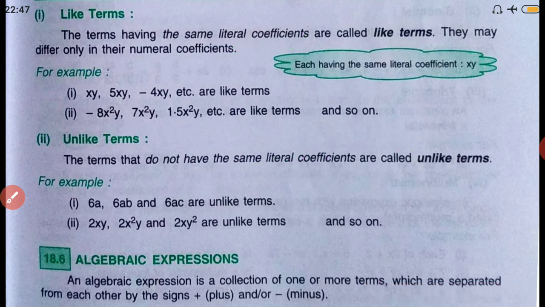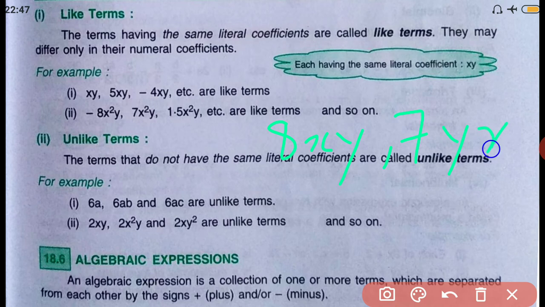Or suppose we have one example, 8xy, and there is another term like 7yx. Are they like terms? Yes, they are like terms. Why? Because both of them have x and y.